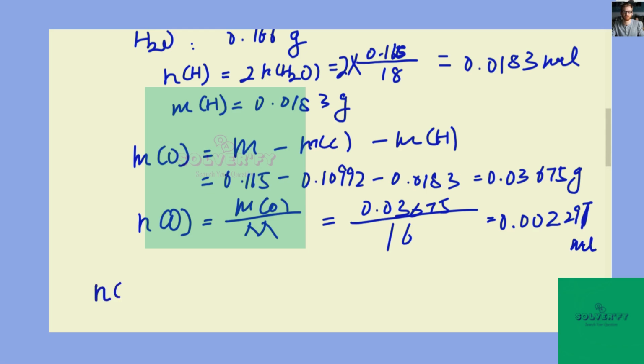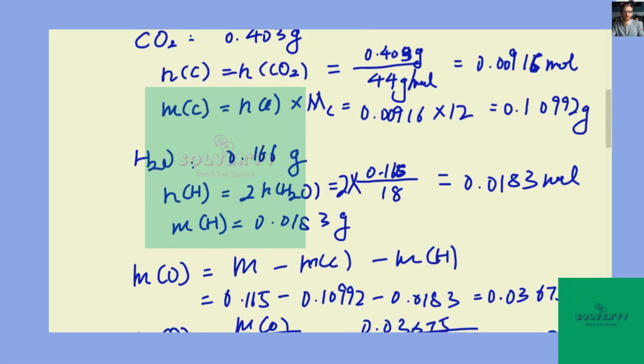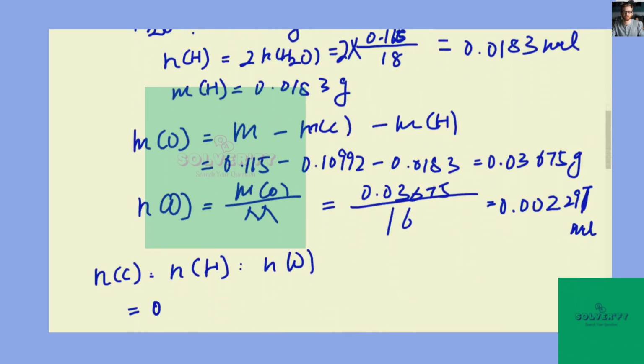The ratio of the moles of carbon, the moles of hydrogen, and the moles of oxygen equals those numbers: 0.00916, 0.0183, and 0.002297.